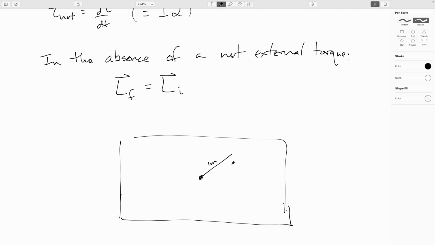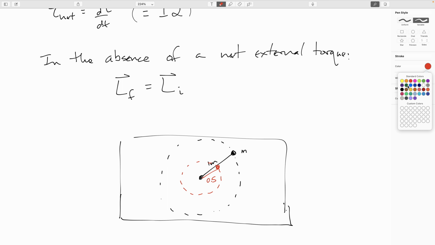Let's say it's a big table, and a 1 meter string. You've got a mass out over here, spinning around in a circle like so. You then get underneath the table and pull on the string so that now the mass is half a meter out and it's going around like so.